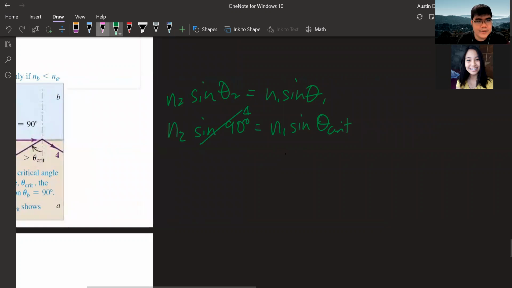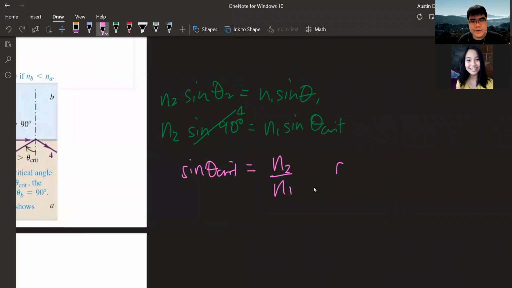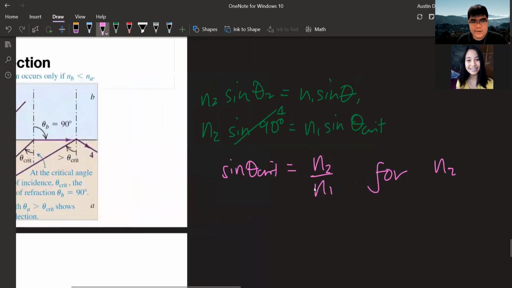Alright. So, sine 90 degrees is just 1. So, therefore, we have this relation na sine theta critical is equal to N2 over N1, for N2 less than N1.